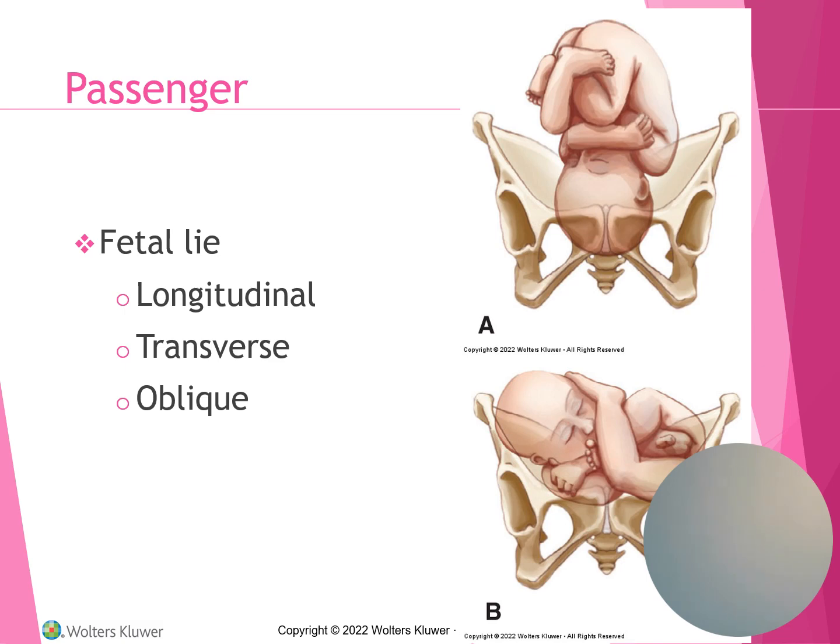There's 3 main presentations. We have the head, which is cephalic, and it is the presentation we see in the majority of the fetuses. We have the feet or buttocks, which is a breech presentation. And we have a shoulder presentation, which is kind of uncommon.